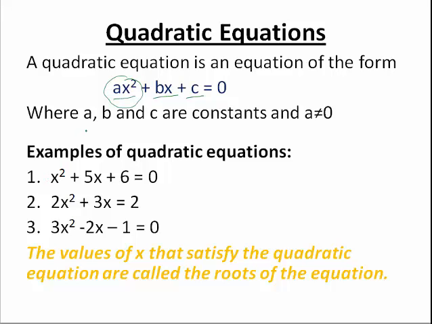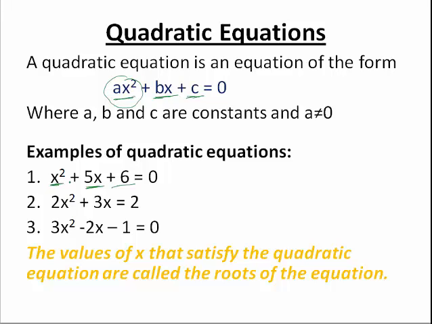Comparing this with the standard form, the coefficient of x squared here is what? 1. The coefficient of x here is 5, while the coefficient of x in the standard form is b. Then the constant is 6. Here is the constant c.